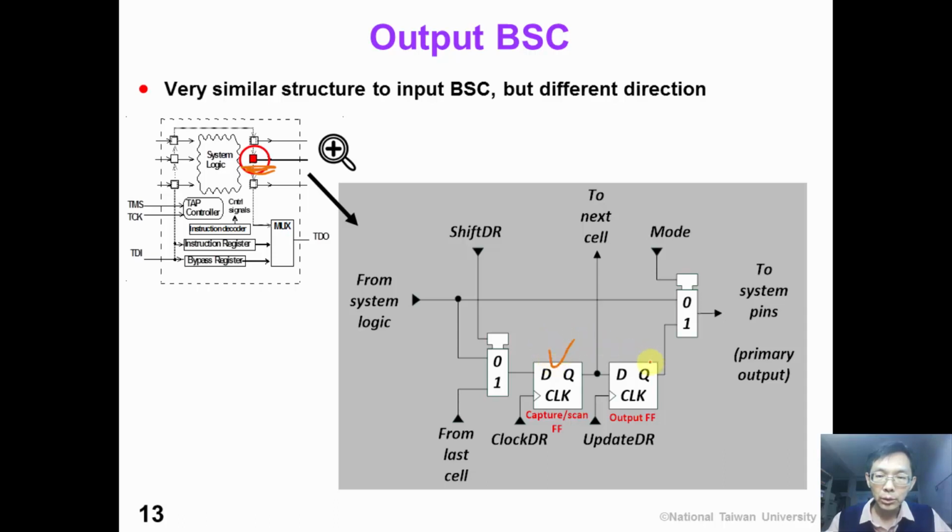It also has 2 flip-flops, 2 muxes, 2 control signals, and 2 clocks. The only difference is that now the system logic is on our left and the system output pin is on our right. So the direction is the opposite to the input boundary scan cell.